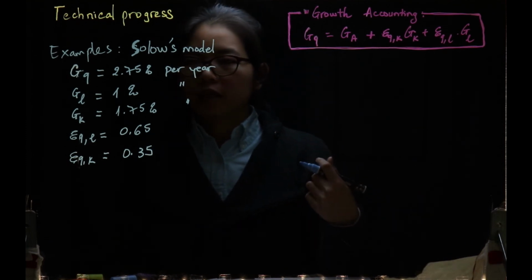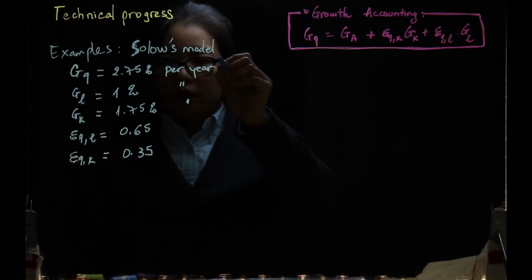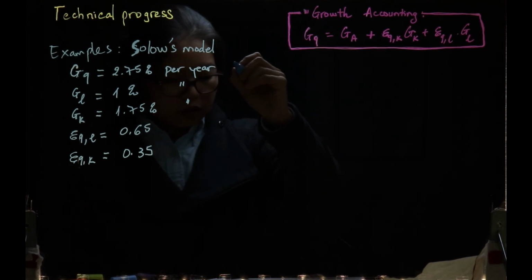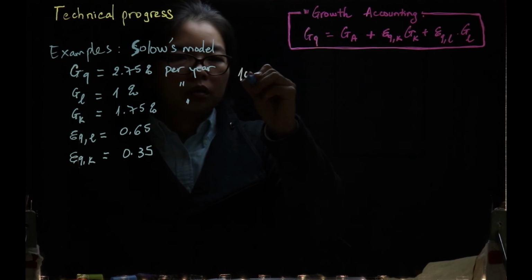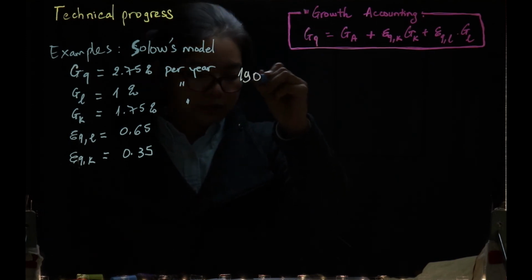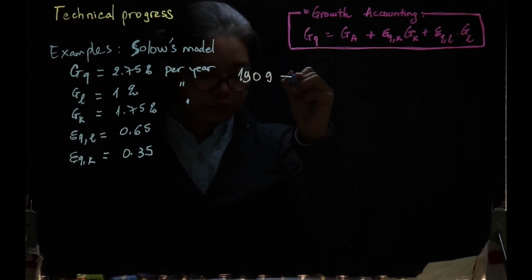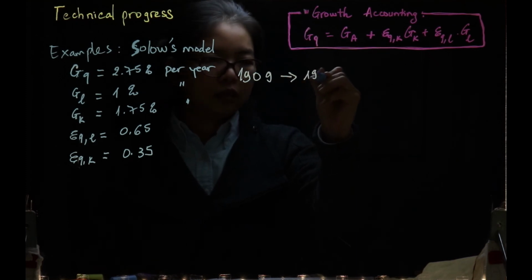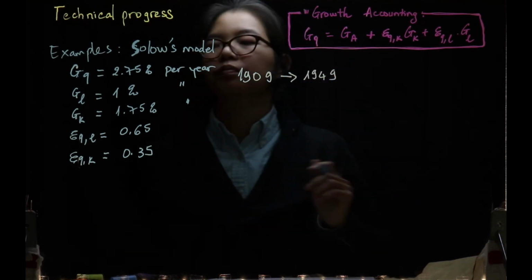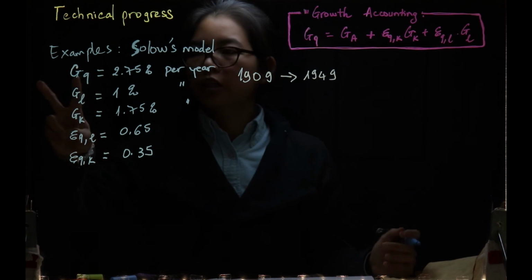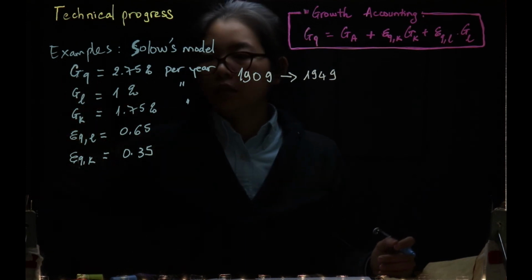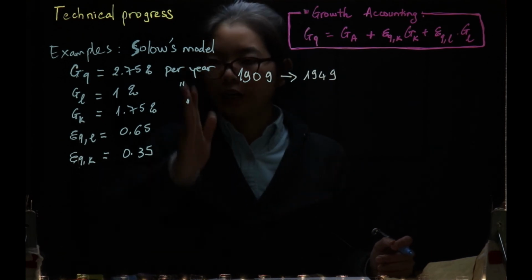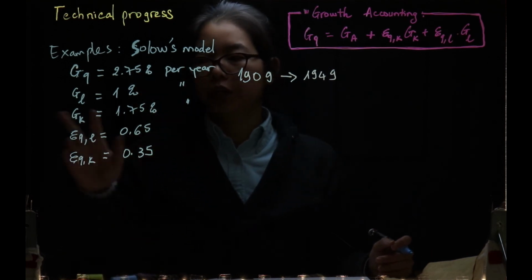So here, let's say in the US, in the period from 1909 until 1949, the average growth in output measured was 2.75% per year. Everything measured per year.